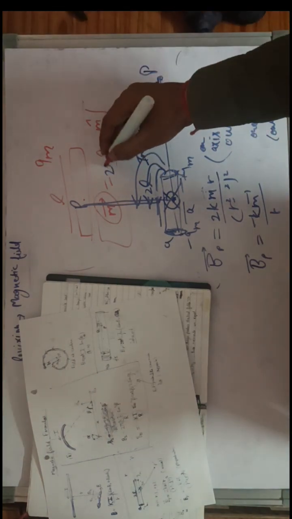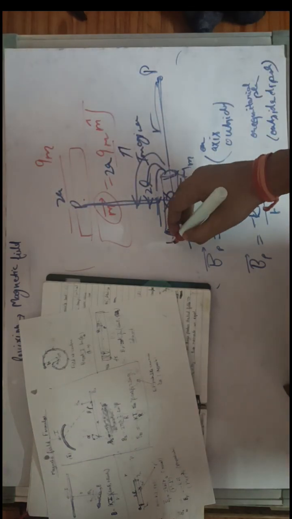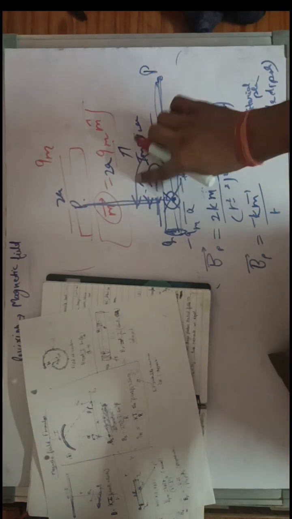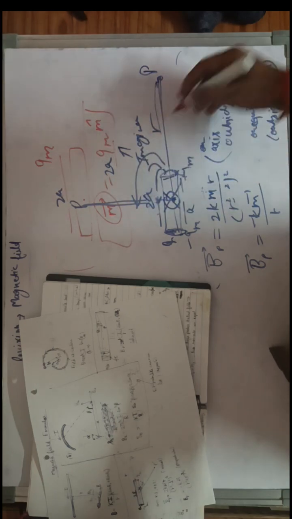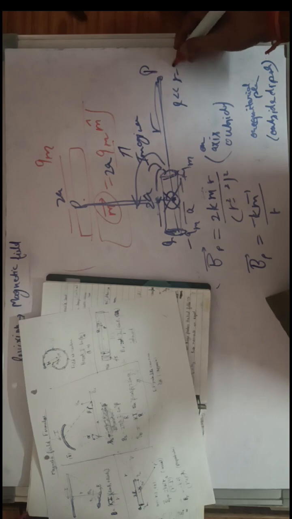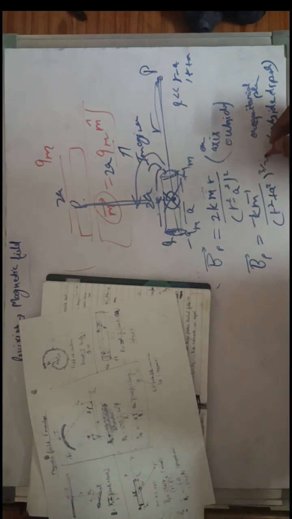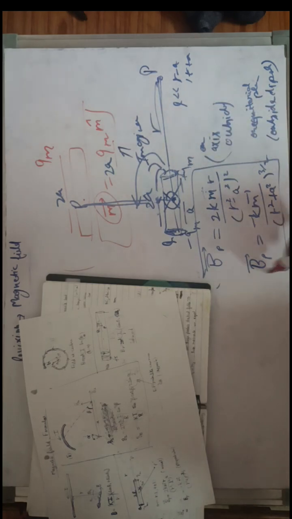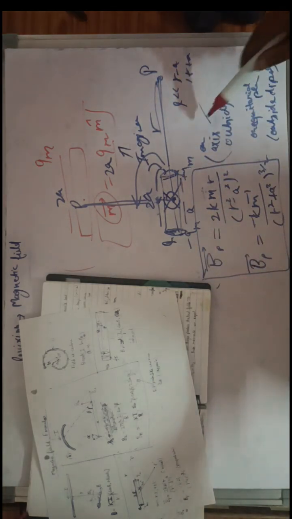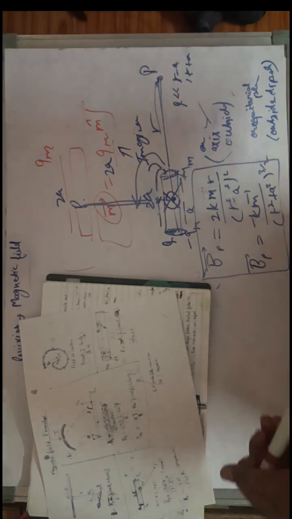Let's say this radius is L, and this length of dipole is 2A, then we are given that L is very very small than r minus a, r plus a, so it is very very small than both of these values. Now we can write this formula simply as r square plus a square to the power 3 by 2. Formula are same, we must be careful where we have to take the point. Now these are the formulas for magnetic field.